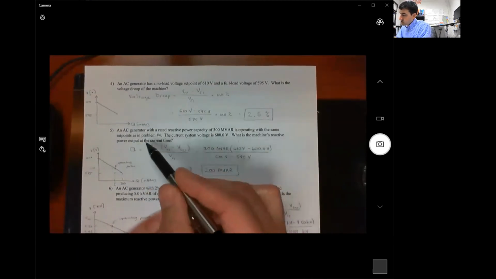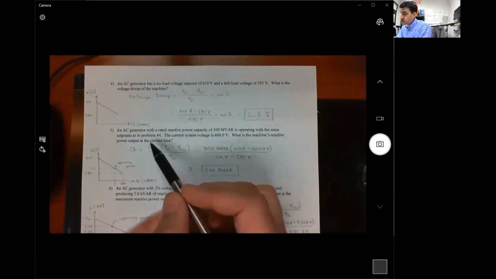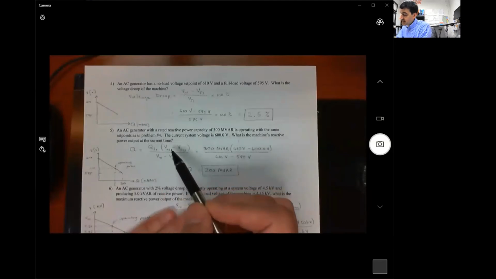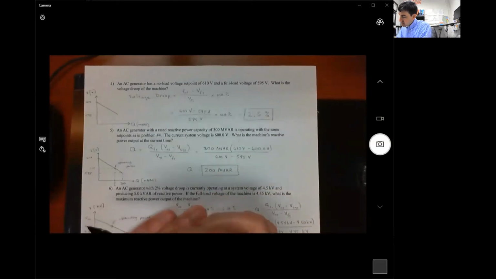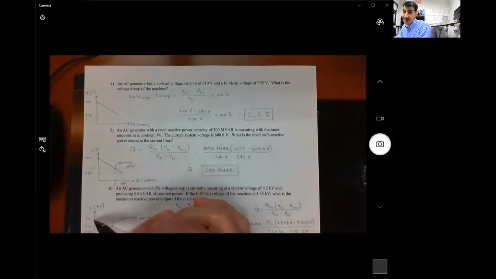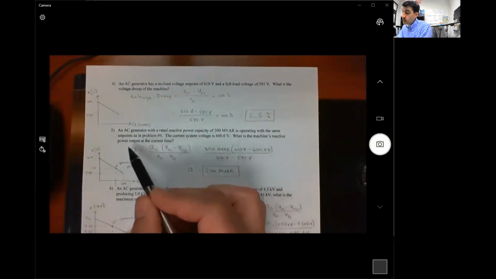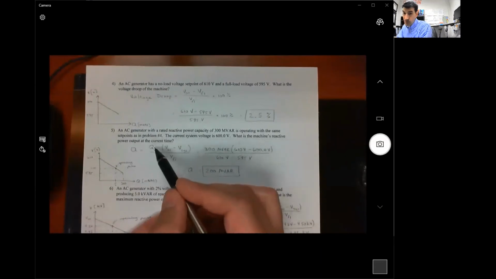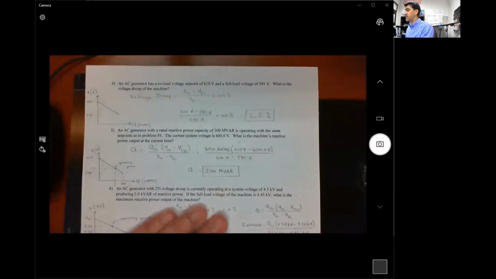I can rearrange the equation and solve for this, but I'm going to need to know not just the system voltage, which we do know, and not just the full load voltage, which we do know, but I also need the no load voltage, and I don't know that in number 6. So right now, I can't use this equation yet, because this is one equation with 2 unknowns. No load voltage is an unknown.